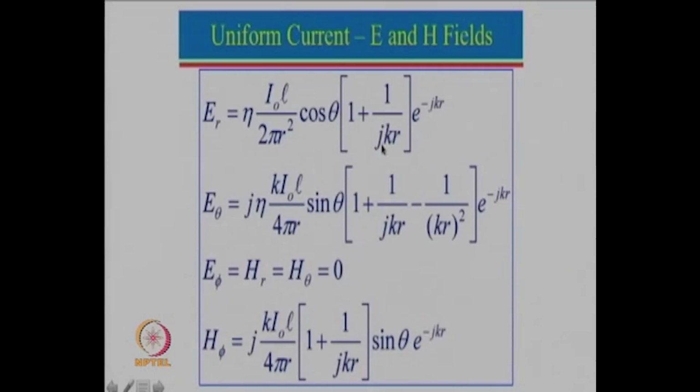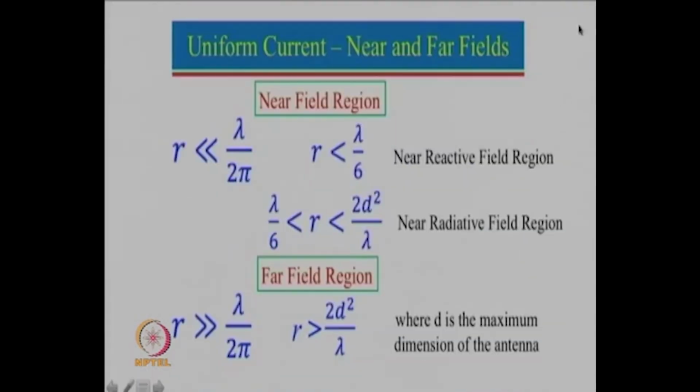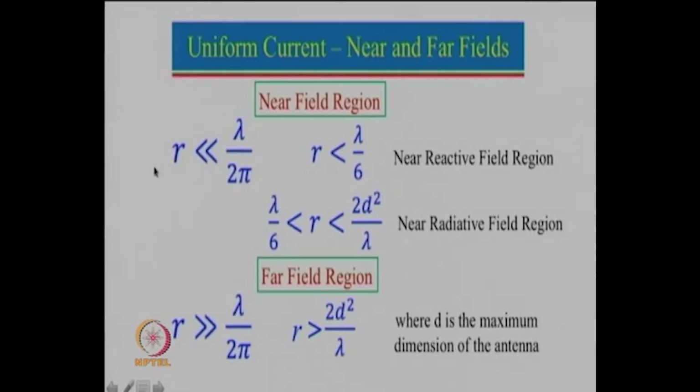But from here we can also define various regions, and these regions are defined in terms of distance. So if r is much smaller than lambda by 2 pi, and this is coming because of 2 pi by lambda, which is nothing but k, so actually you should think about kr being much less than 1, where k is nothing but 2 pi by lambda.